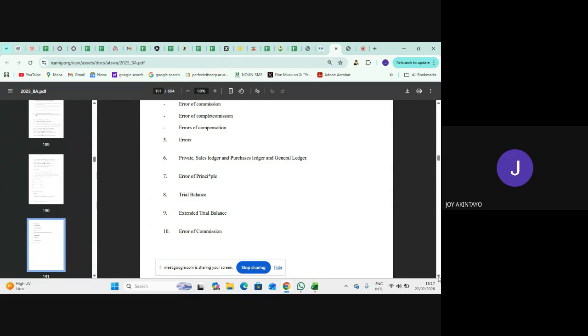But when it comes to intangible assets, they don't have physical existence, but they result in an inflow of economic resources.